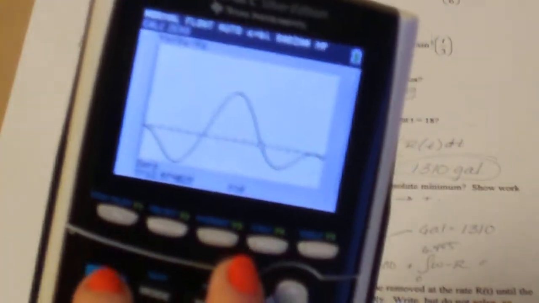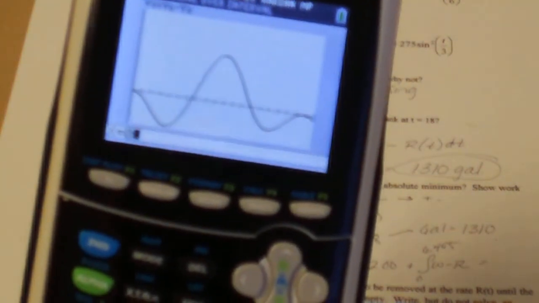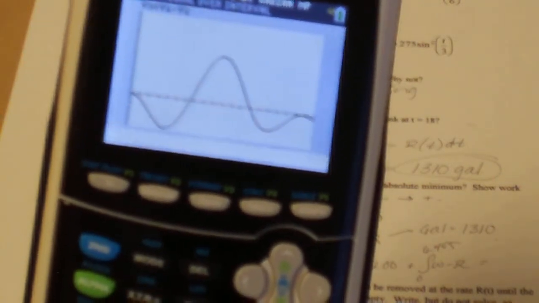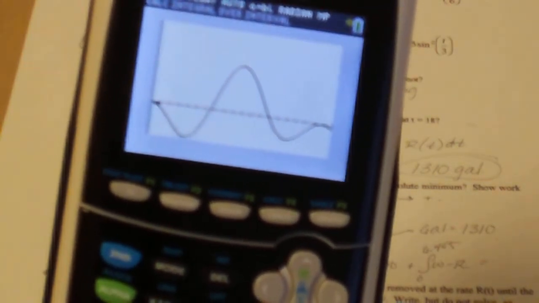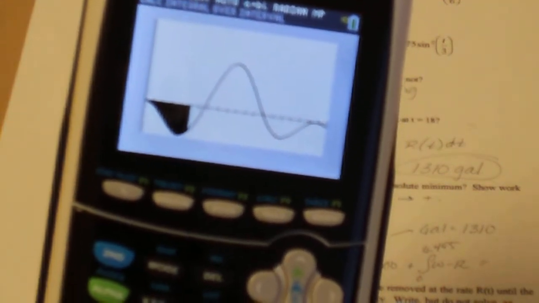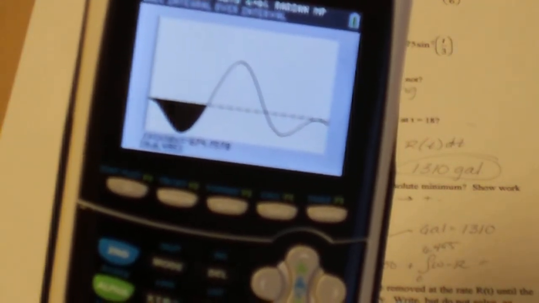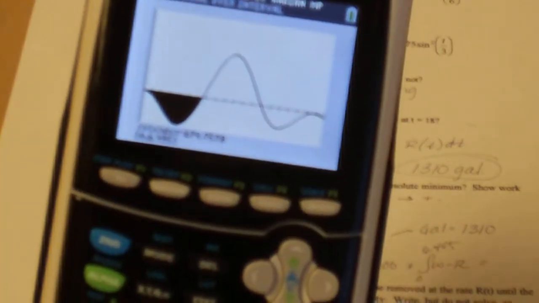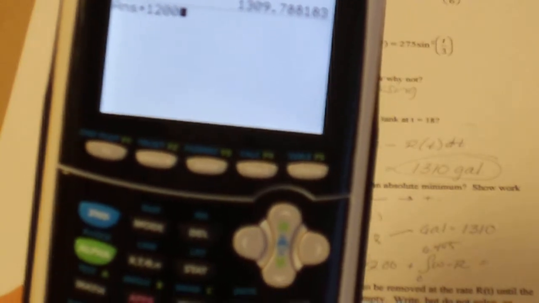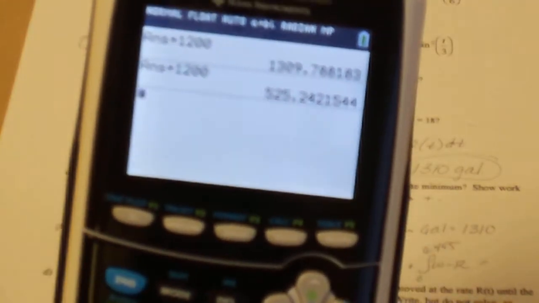So I need to go back to my graph, integrate from 0 to 6.495. Area under the curve, shading in the region. And once this is done integrating, which it is, I'm going to add 1200 to it, and I've got 525.242.